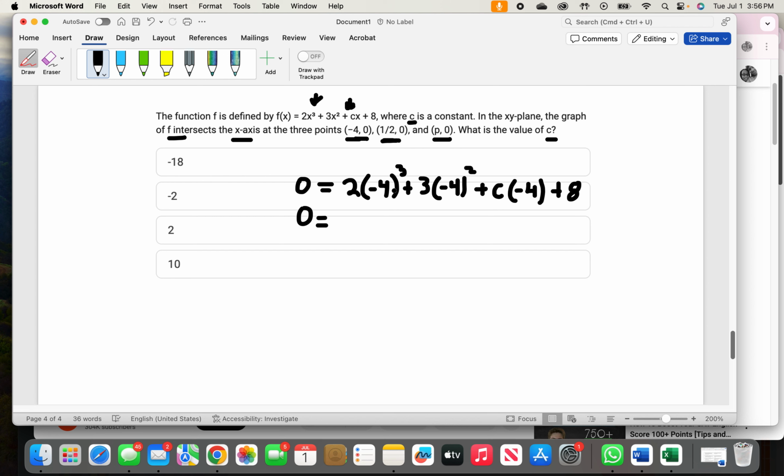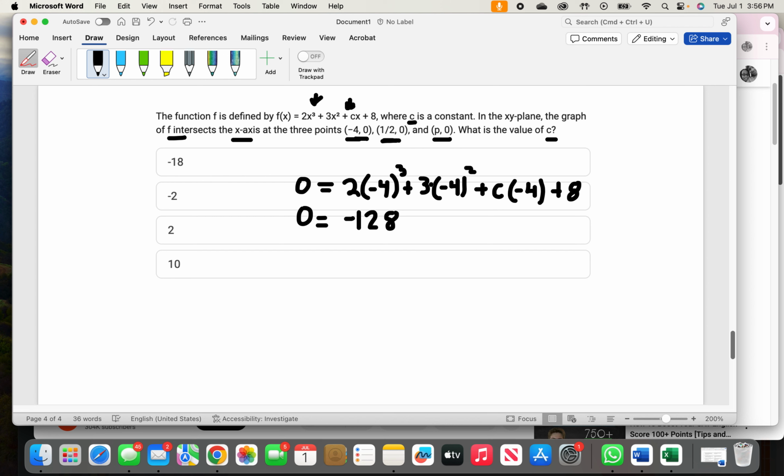That's -4 times -4 times -4, so that's -64. And now I'm going to take the -64 multiplied by 2. And -64 times 2 gets me -128. So I found -4 to the third power, and then that answer multiplied by 2.